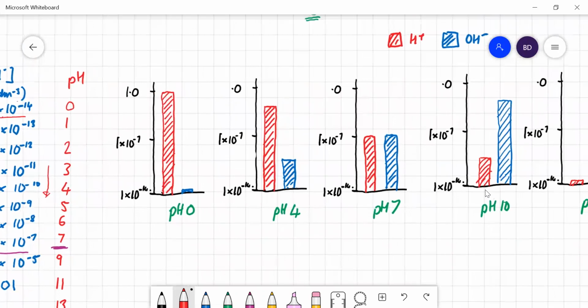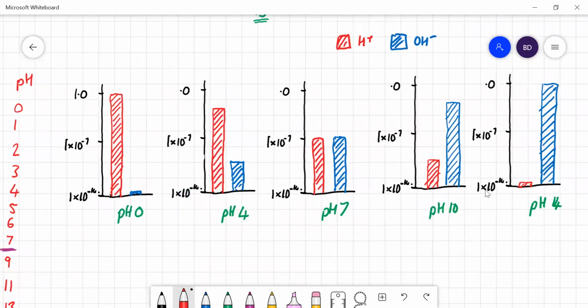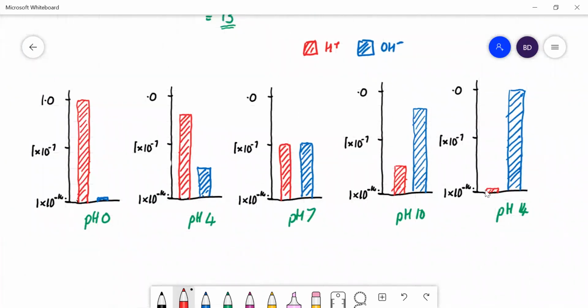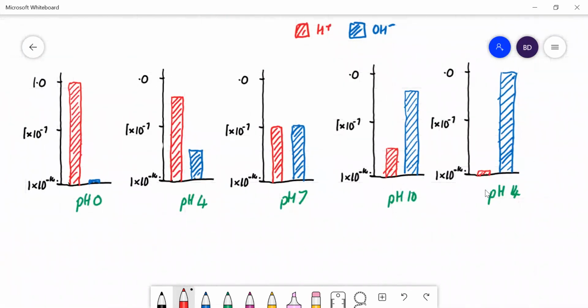look at those graphs. I've done the H+ ions as a red bar and the OH- as a blue bar. If you look at the scale here, this is the concentration of hydrogen ions in moles per decimeter cubed.